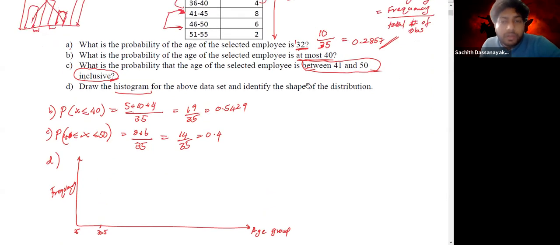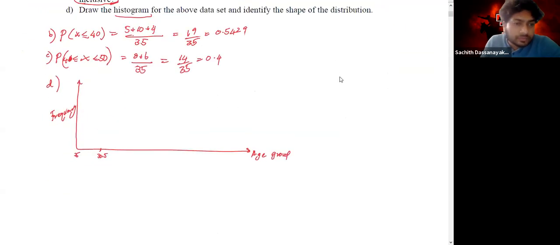Then that group has frequency 5, let's say 5 somewhere here. Don't worry about 30 and 30.5, that doesn't matter because you are using histograms.